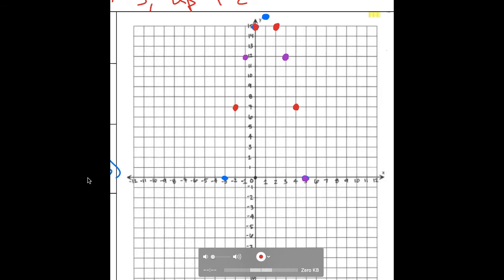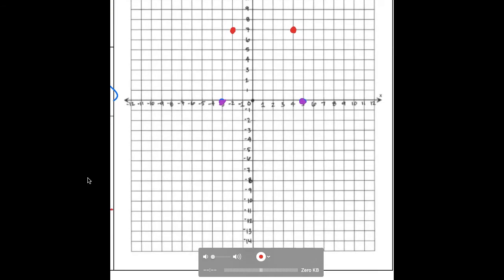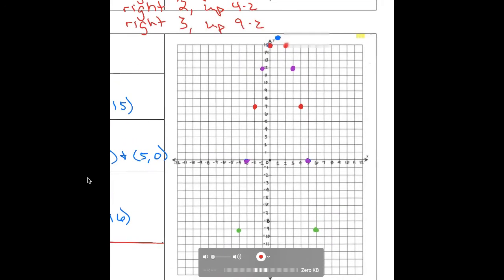Which puts me at my x-intercepts. And then I could even go again for negative 9. Oops. And now you will see your parabola. Okay?